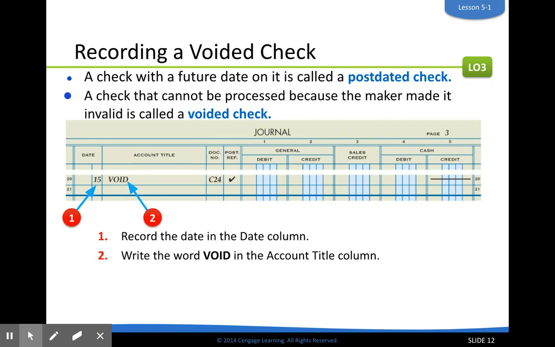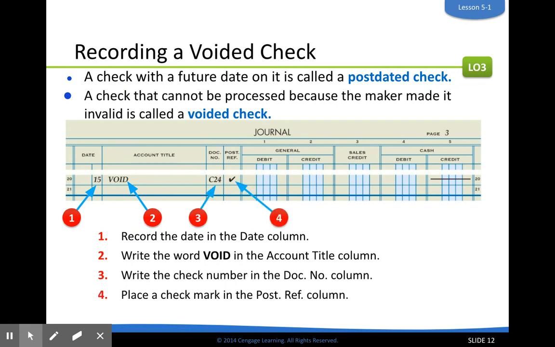We write void. There's no account that this is going to because nothing ever happened with that check. It is check 24. There's nothing to post, so we have a check mark. And then we even put a line through the cash credit. Typically, when you write a check, you would have a cash credit amount, but nothing was done with that check. It was voided, so we even put a line through the cash credit amount.